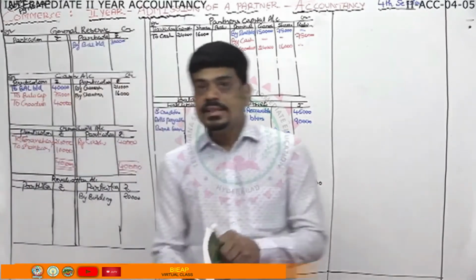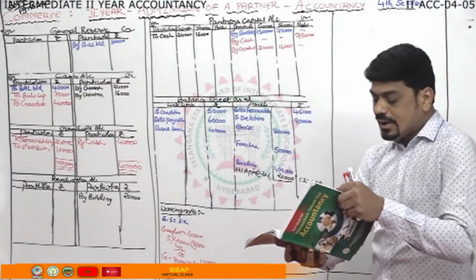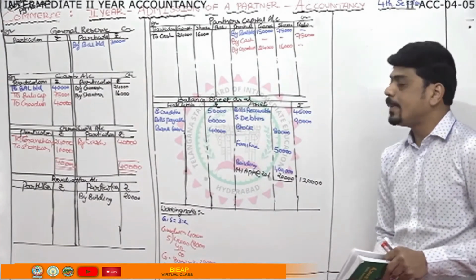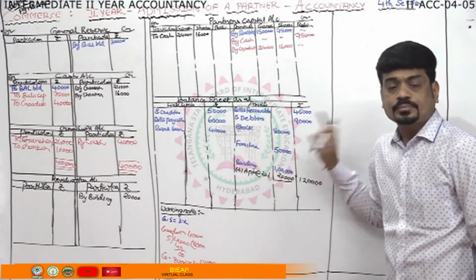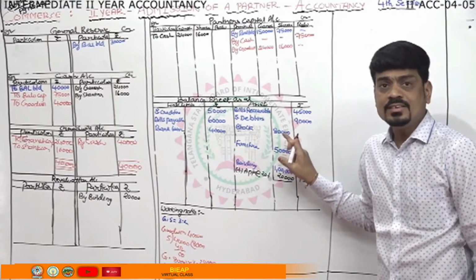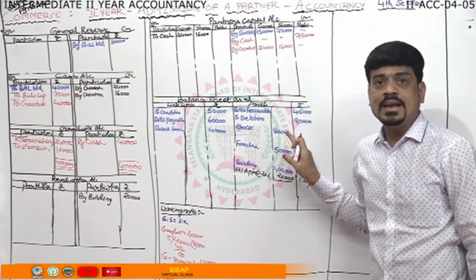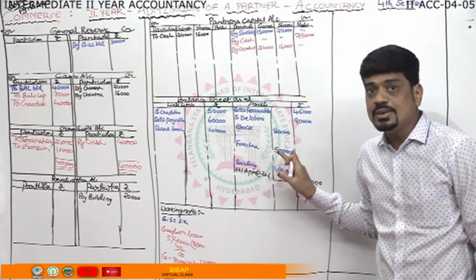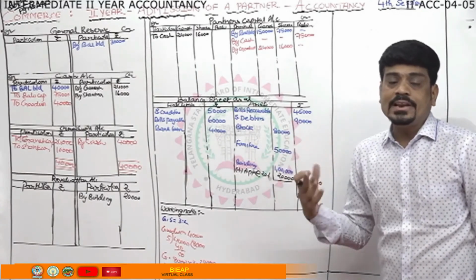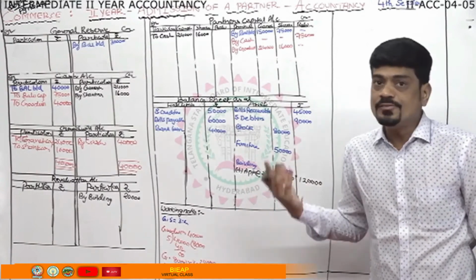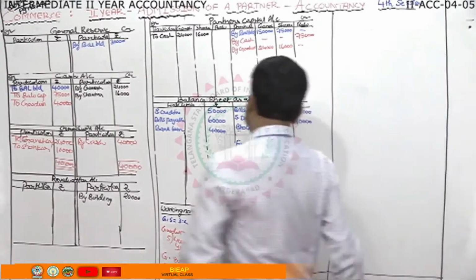Like that, furniture and stock are depreciated by 5%. Stock 80,000 into 5 by 100, if we cancel the zeros, 800 is left. Orally also you can do the calculation: 8 5s are 40, in the sense 4,000 is stock written off.